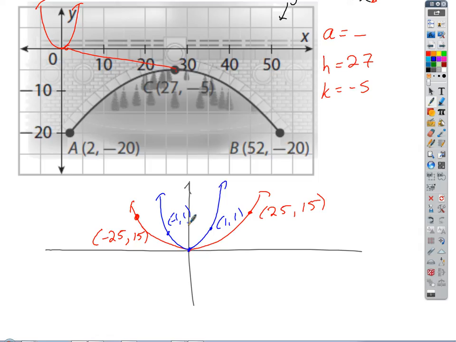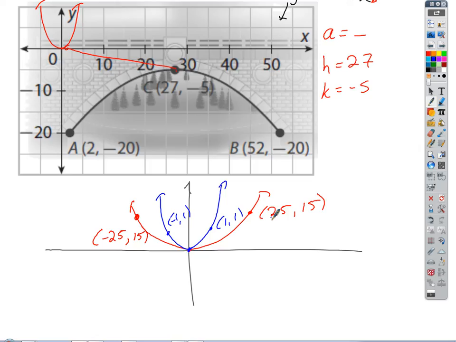Stretched it horizontally. Okay, we stretched it horizontally. We can stretch it horizontally. We can really do both, couldn't we? To make the blue one, to make these points end up there, what did we do? Didn't we stretch them out this way and then stretch them up? Does that make sense? Right?